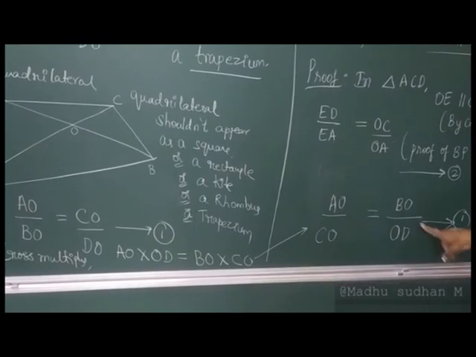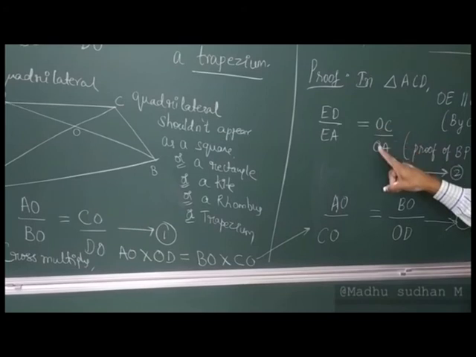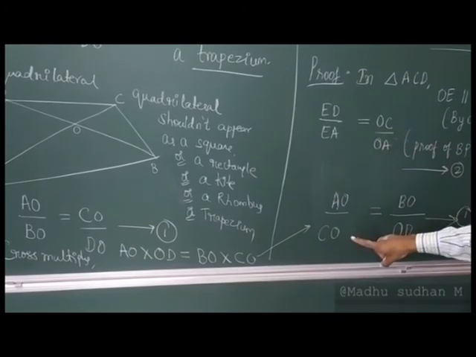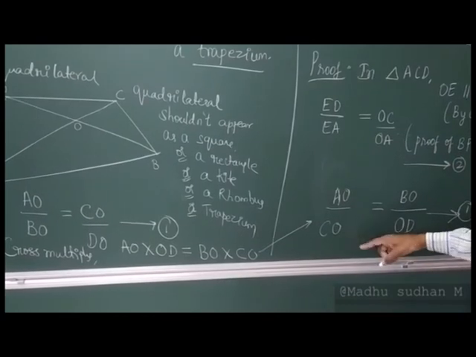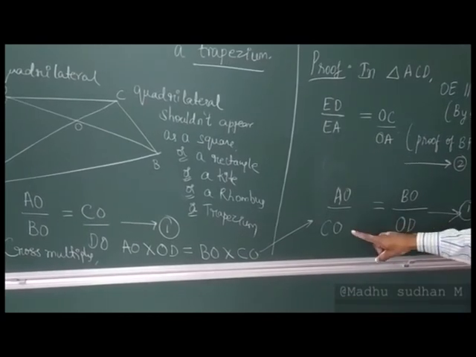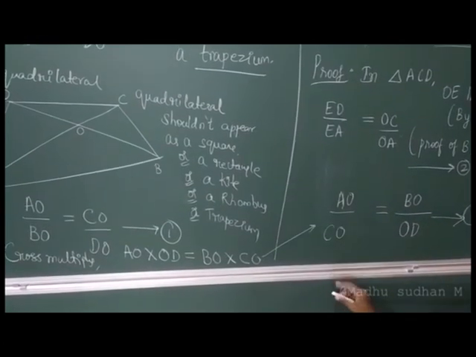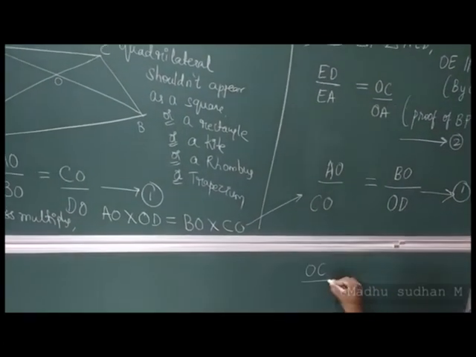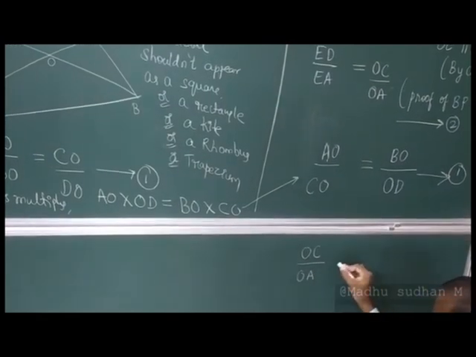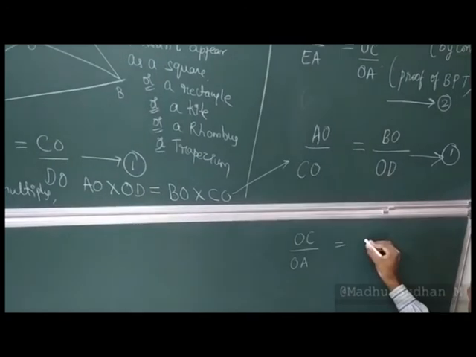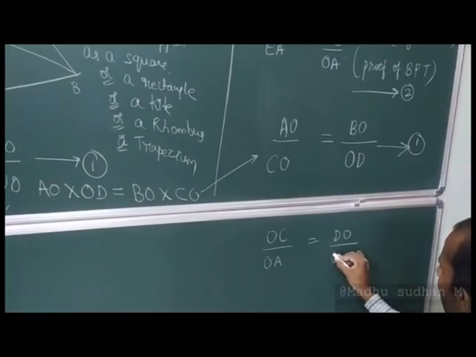So now if we compare equations 1 and 2, can you find OC and OA? OC by OA, or if I take the reciprocals of this, OC by OA is equal to DO by OB, right?